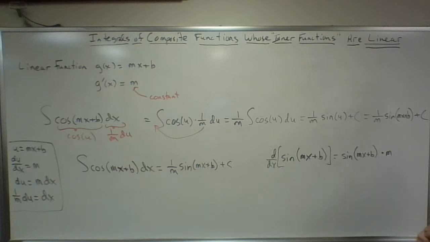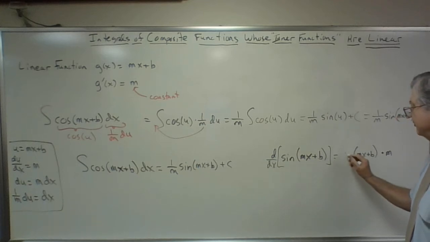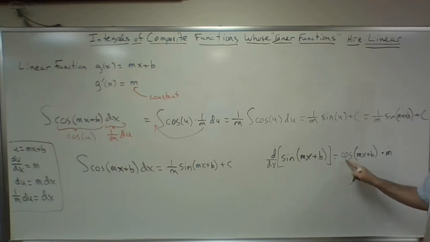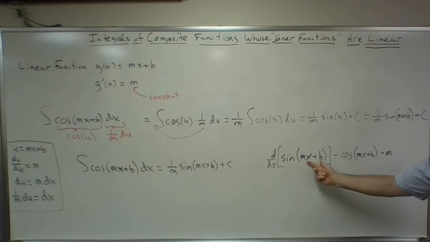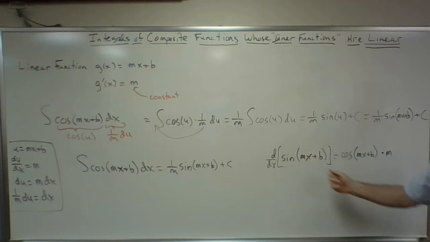Derivative of the outer, cosine, evaluated at the inner, times derivative of the inner. Essentially all we ended up doing when we multiplied by the derivative of the inner was multiply by the constant. The derivative of mx plus b is just m. We multiply by the constant.